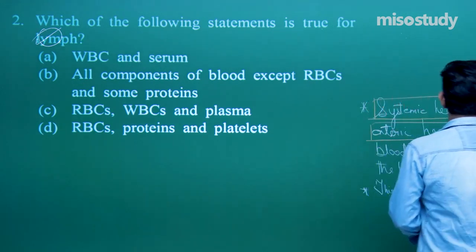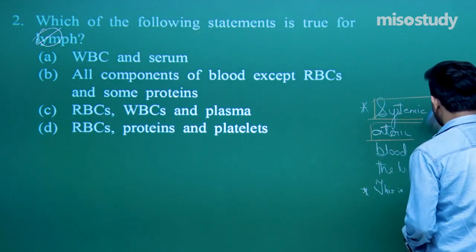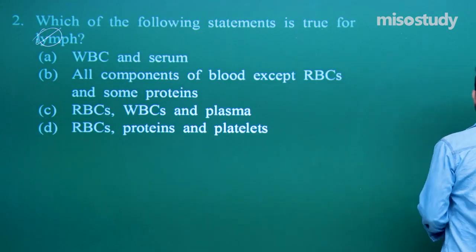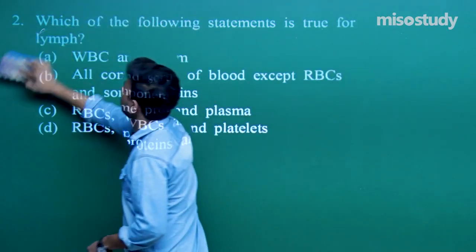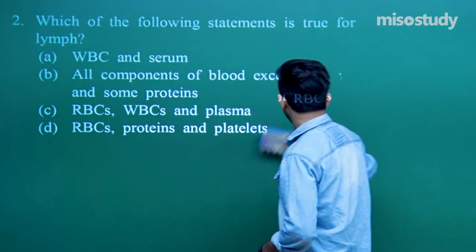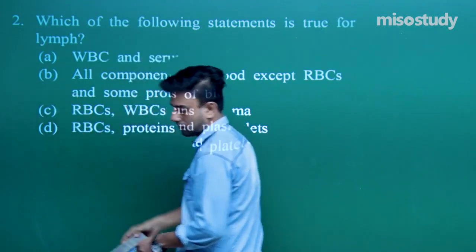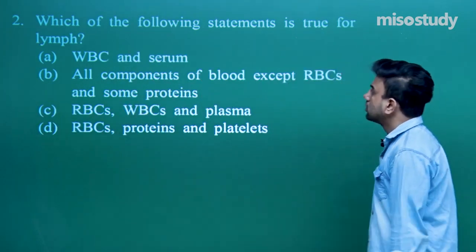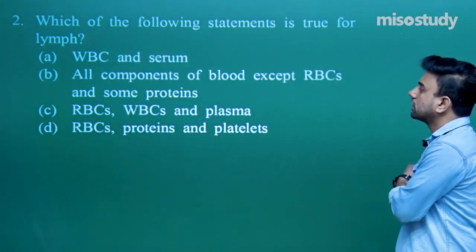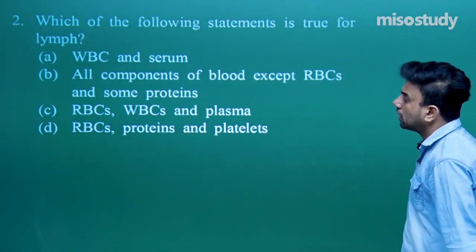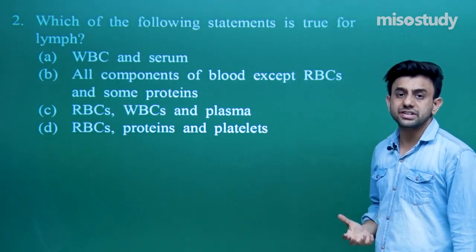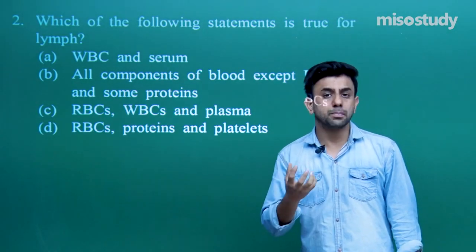Which of the following statements is true for the lymph? Lymph is formed in the interstitial tissues, and lymph is a portion of the blood.